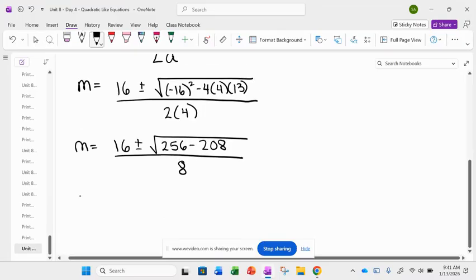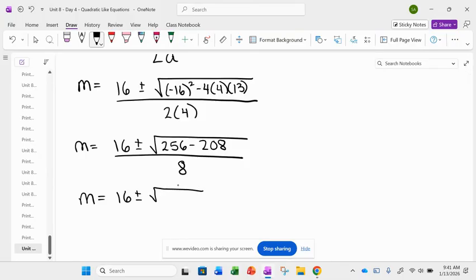Keep simplifying. So now we have m is equal to 16 plus or minus the square root of 48 all over 8. We can absolutely simplify the square root of 48. I could split that into 16 and 3. So this becomes 16 plus or minus 4 root 3 over 8.